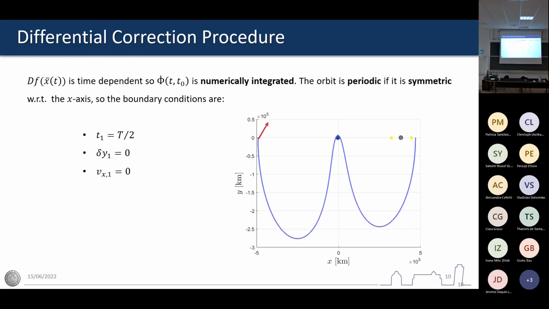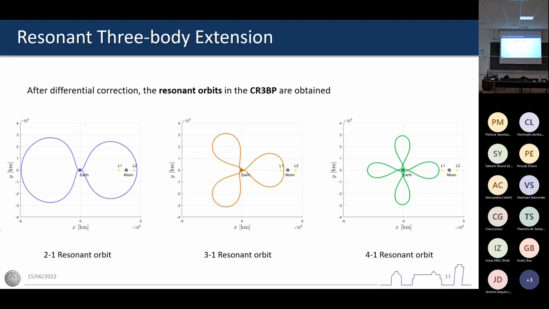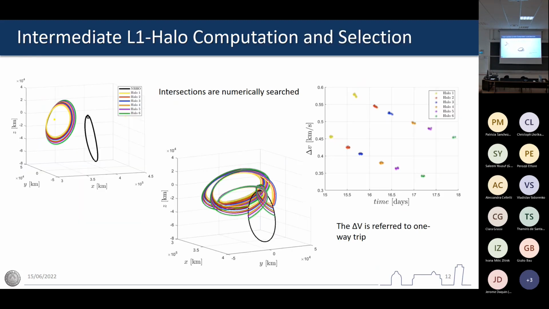So the following step was to perform numerical differential correction, taking advantage of the symmetry of the proposed resonant orbits, to get the orbits in the circular restricted three-body problem framework. These are three proposed resonant orbits for the back and forth from the Earth to the Moon and the other way around.